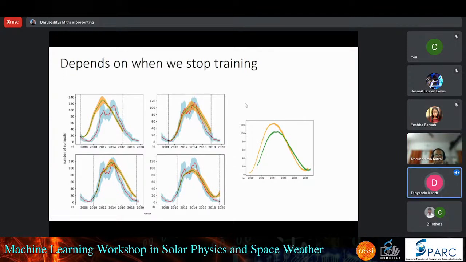Yes, so I have more of a comment because I'm a co-author on this. I'm still a bit worried about one aspect of this work that I still don't understand very well, which is how good, when we're trying to mimic the solar cycle with a model. By model, I mean the time delay model on which we are training a machine learning algorithm and then applying it on real solar data.